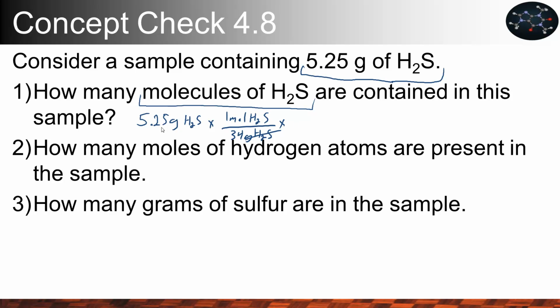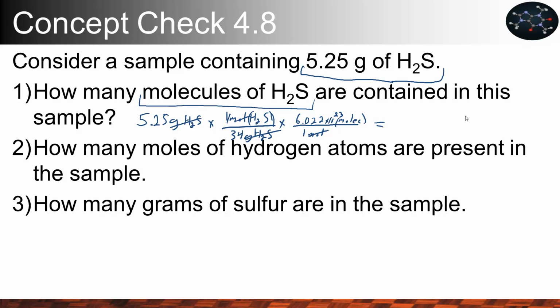These grams canceled, and moles are what's left. To get to individual molecules, we can just put molecules on the top over 1 mole on the bottom. Moles cancel. We're left with molecules of H2S, which is what we want.